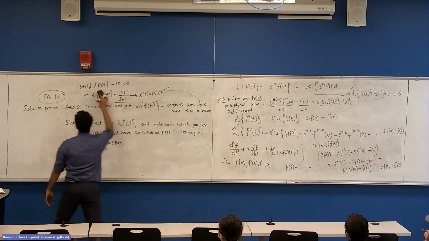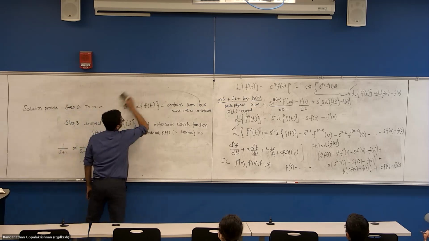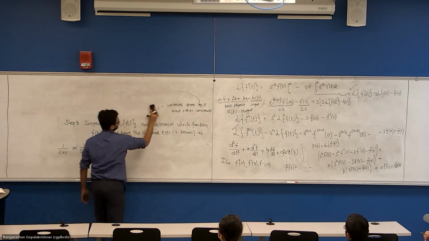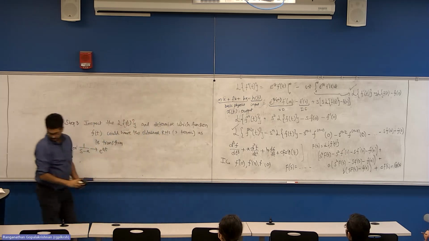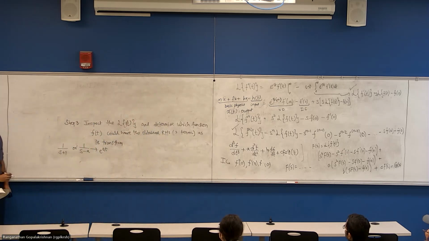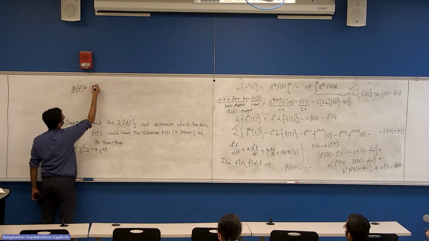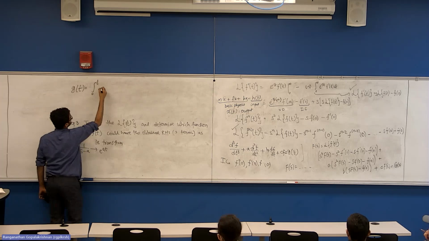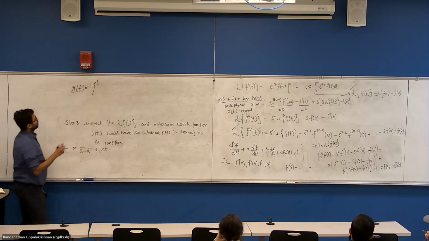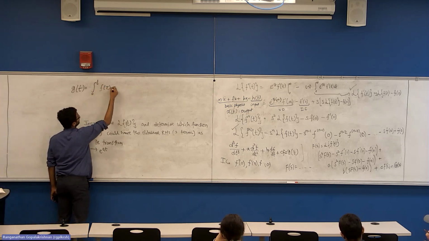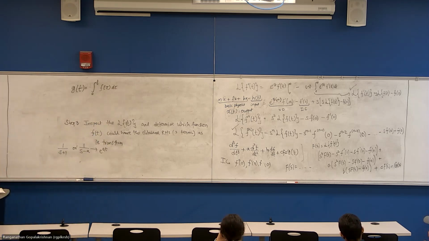So let's say we write g of t, a function of time, is defined as the integral from 0 to t of f of tau d tau. Can you give me some quantities which are integrals over time, physical quantities which you calculate by integrating over time?